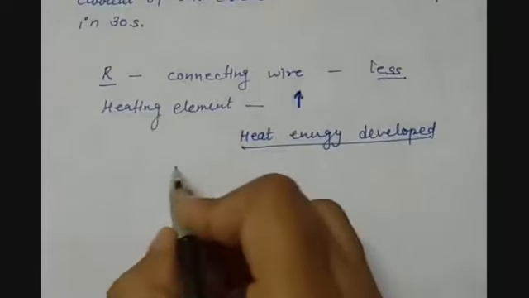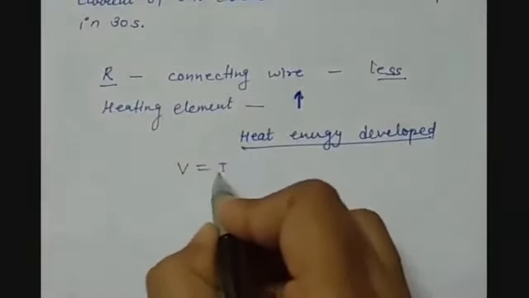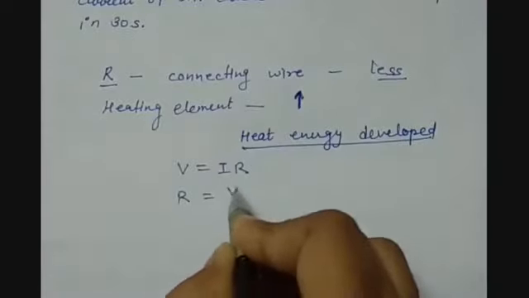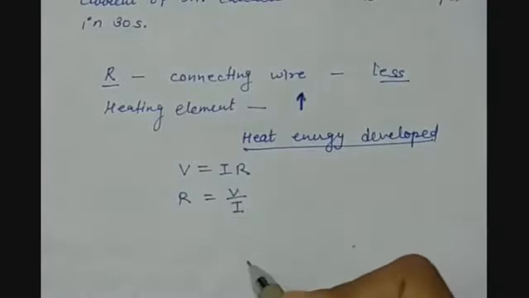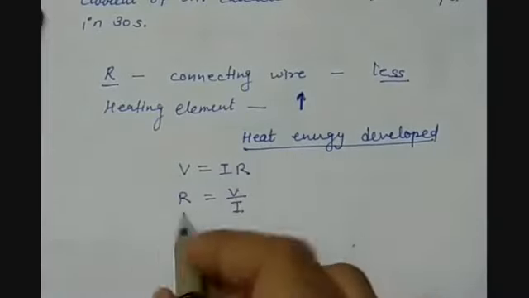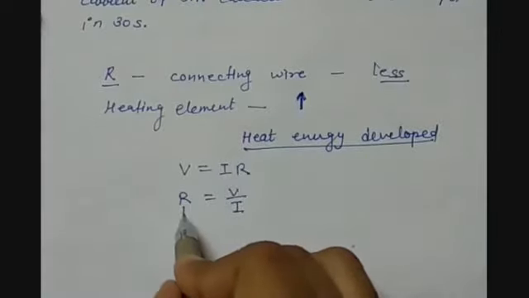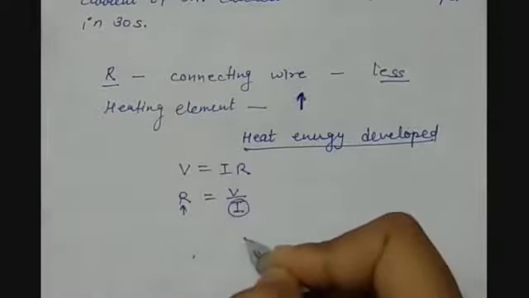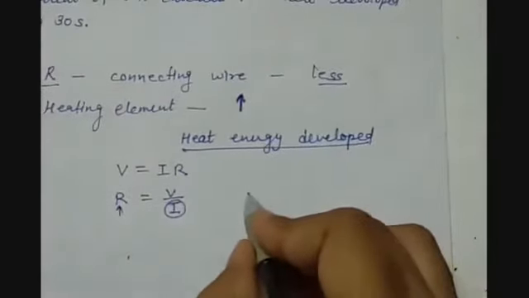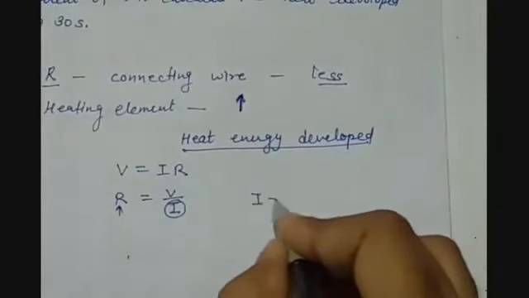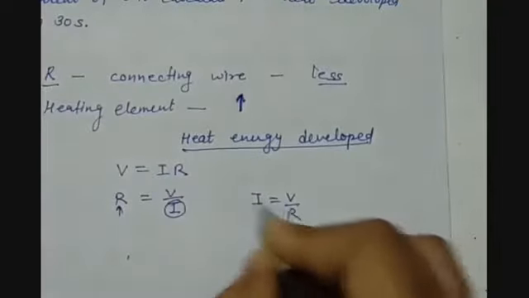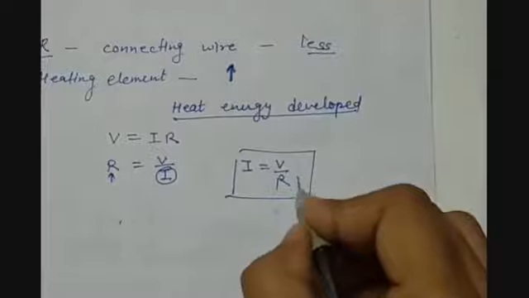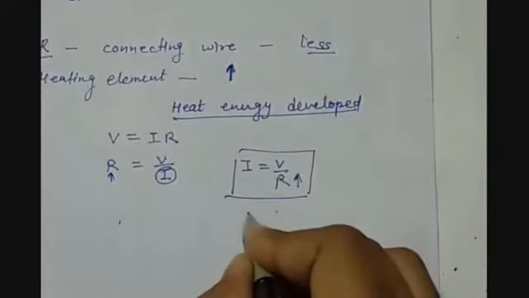As we know, according to Ohm's law, V is equal to IR. So if we find the resistance, then it is V upon I. That means when the resistance is high, this value will be lower, or you can also write it as I is equal to V upon R. Here you can see that when resistance is high, current will be low.